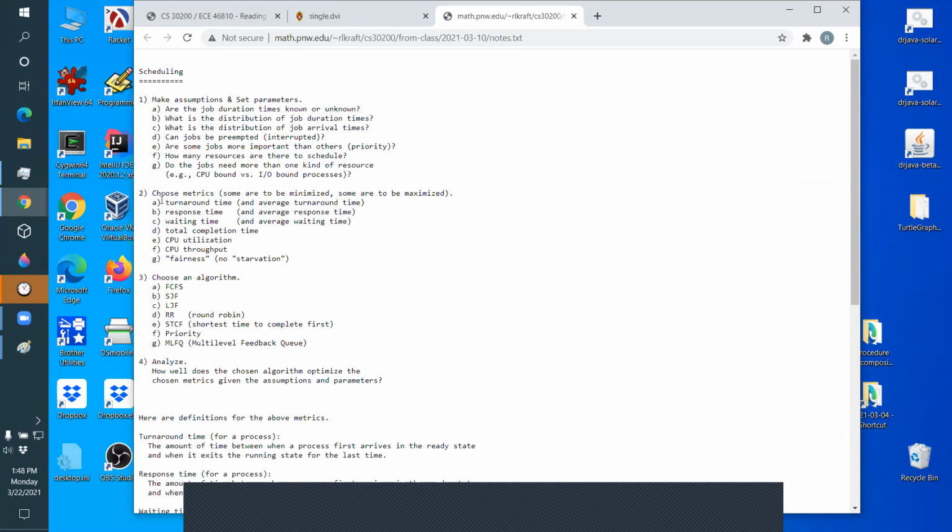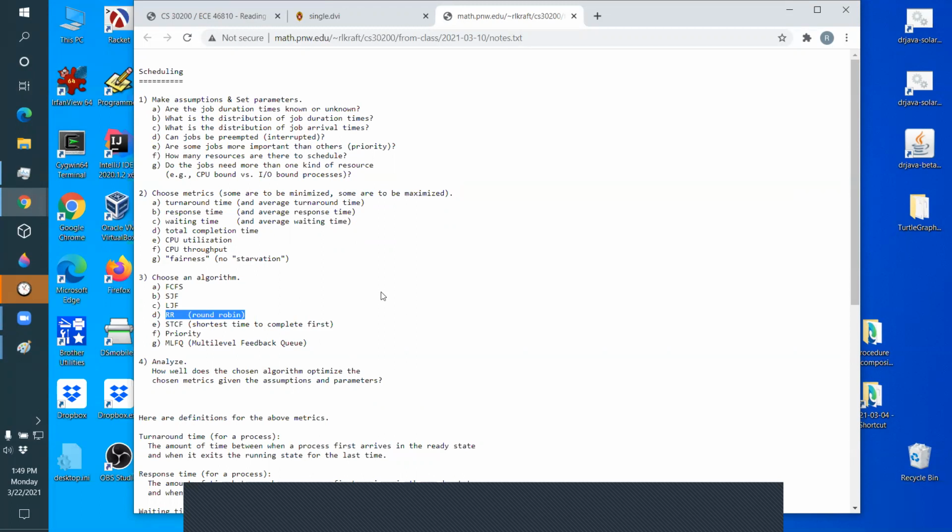The algorithm that gives us good turnaround time is shortest time to completion first. We've eliminated a couple of assumptions and we get good turnaround time, but we're still getting really bad response times. Then we'll find an algorithm called round robin that'll give us really good response times, but bad turnaround times. And then we'll try to figure out how to blend those.